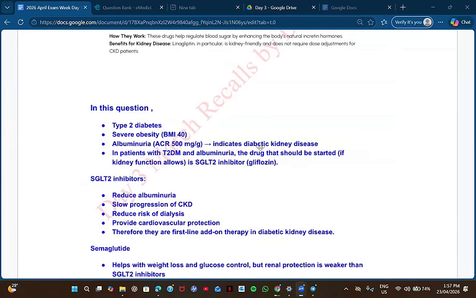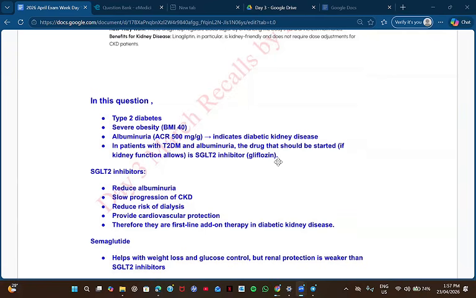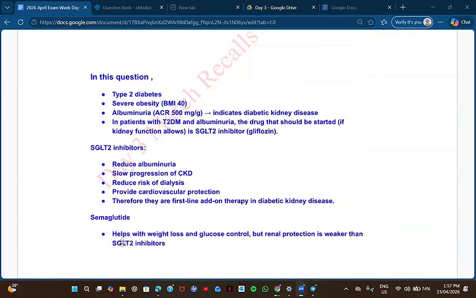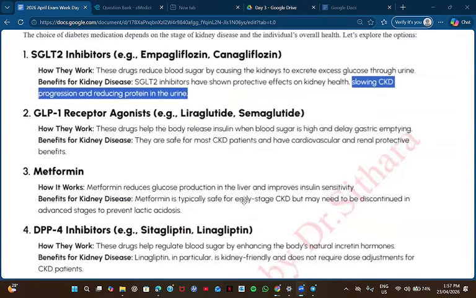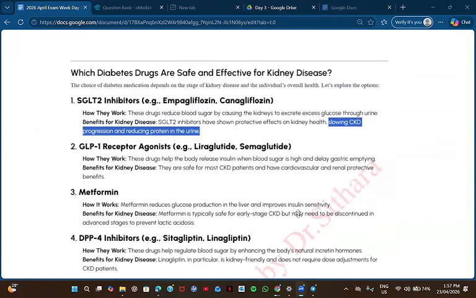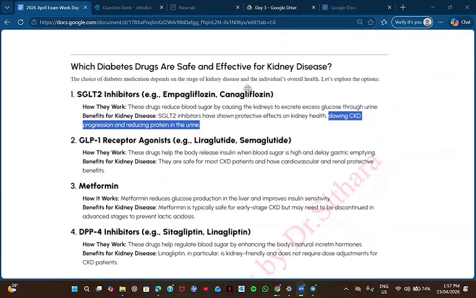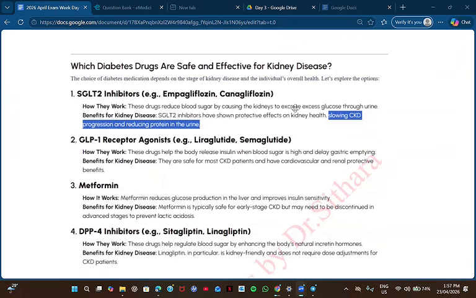So in a patient with type 2 diabetes and albuminuria, the drug that should be started, if kidney function allows, is an SGLT2 inhibitor like a gliflozin. Both semaglutide and gliflozin have kidney protection, but SGLT2 inhibitors like empagliflozin have extra indication for a CKD patient with albuminuria.